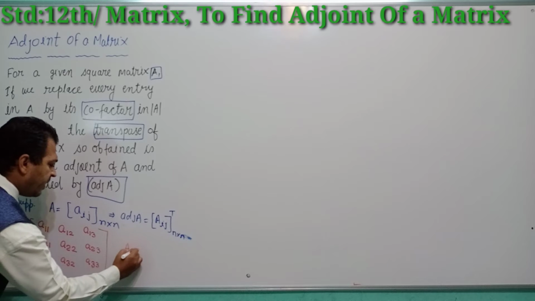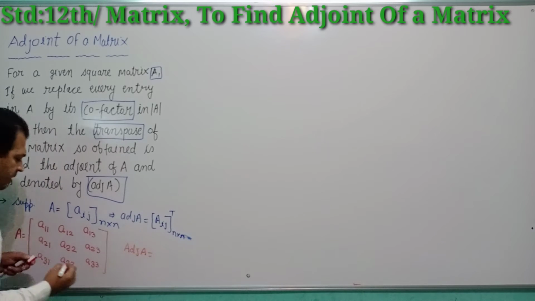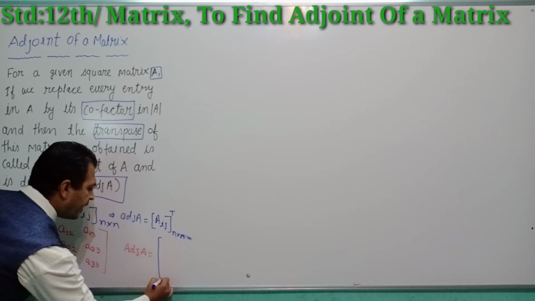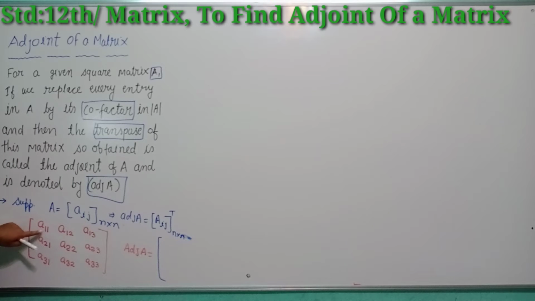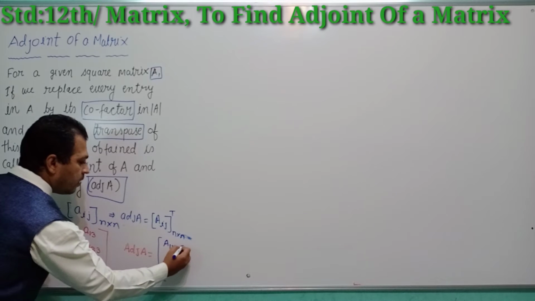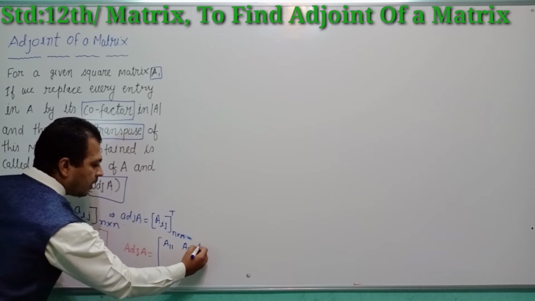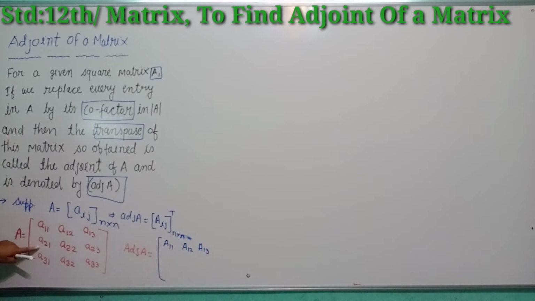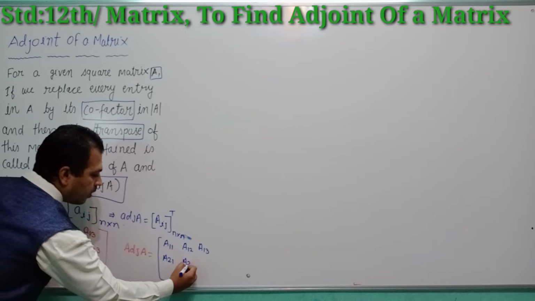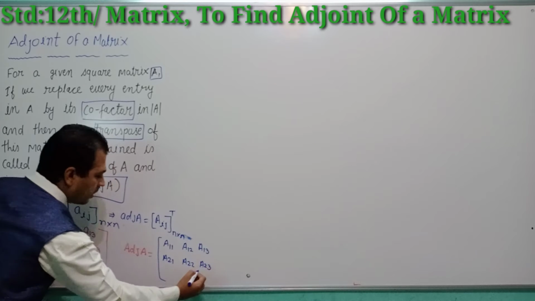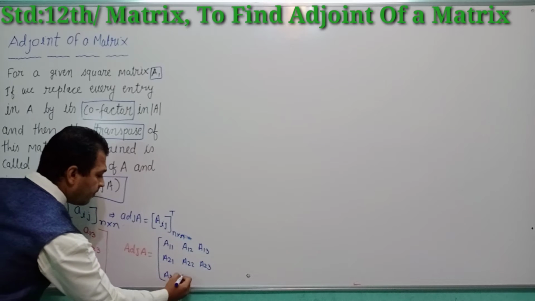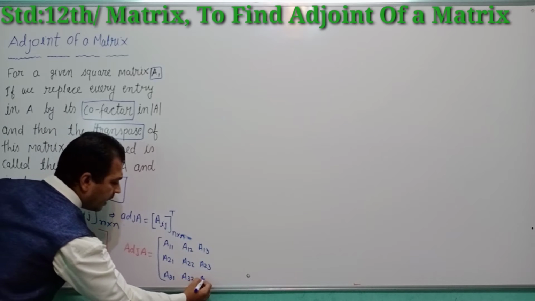So what is the adjoint of A? You can find the adjoint of A by replacing each element with its cofactor: the cofactor of A11, A12, A13, similarly the cofactors of A21, A22, A23, and the cofactors of A31, A32, A33.